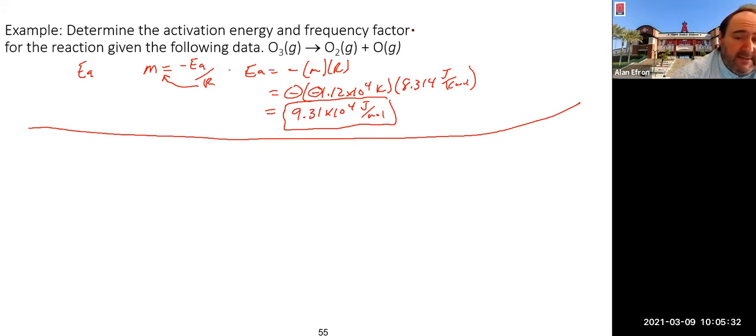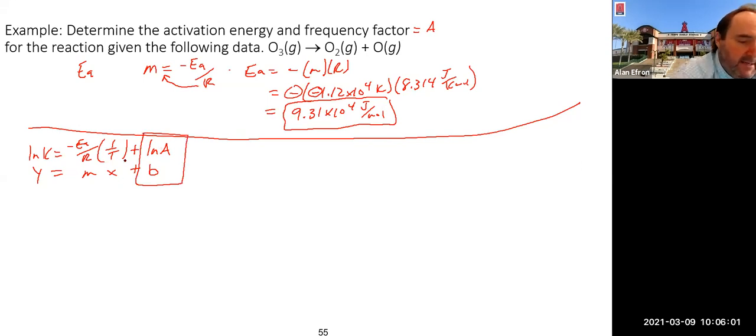Frequency factor is A. If you remember the equation that we talked about, the natural log of k is equal to minus Ea over R, times 1 over T, plus the natural log of A. And again, this is y equals mx plus b, which means if we are interested in our frequency factor, we want the y-intercept, and that's what b stands for.